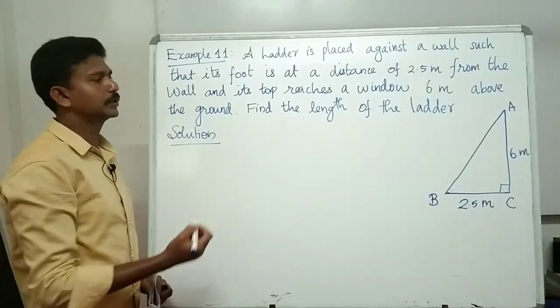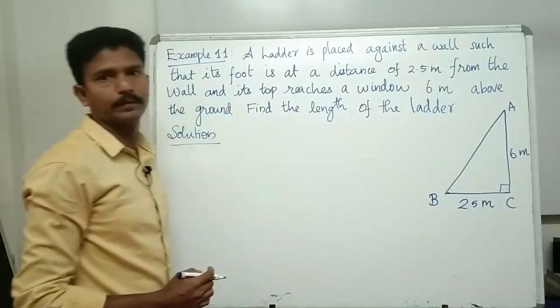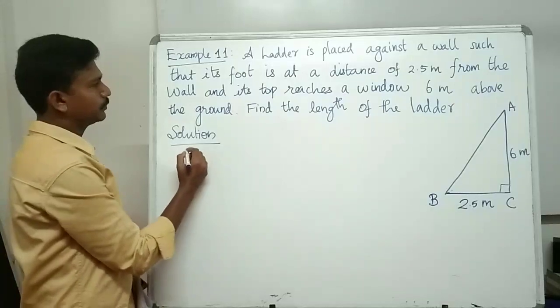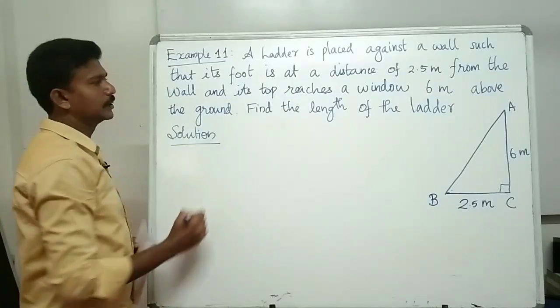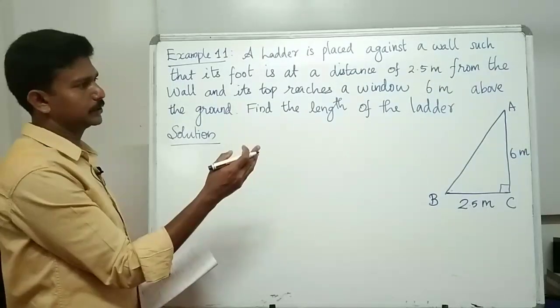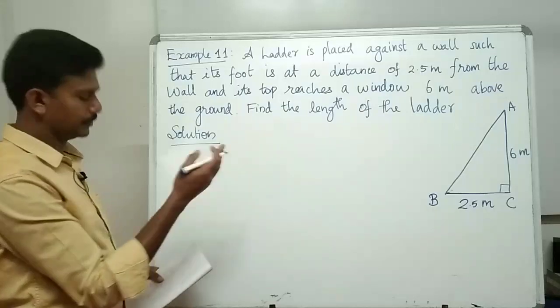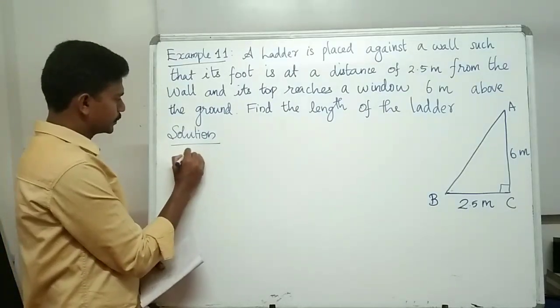Using Pythagoras theorem, we can find the length of the ladder. First, let us introduce what AC, BC and AB are.